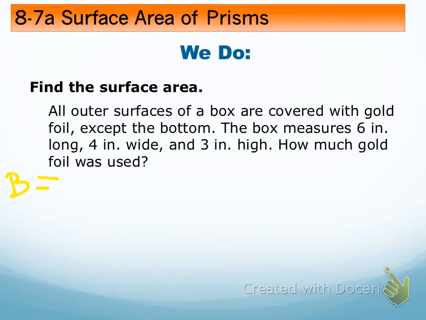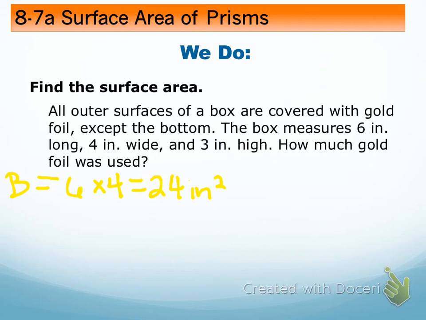And it tells us that the box measures 6 inches long by 4 inches wide. So the area of the base is going to be 6 times 4, because that's how we find a rectangular area, length times width. 6 times 4 is going to give us 24, and that's inches squared.